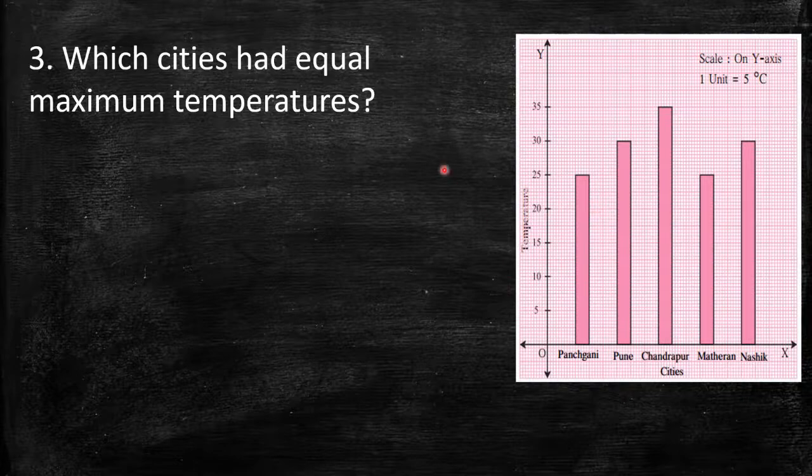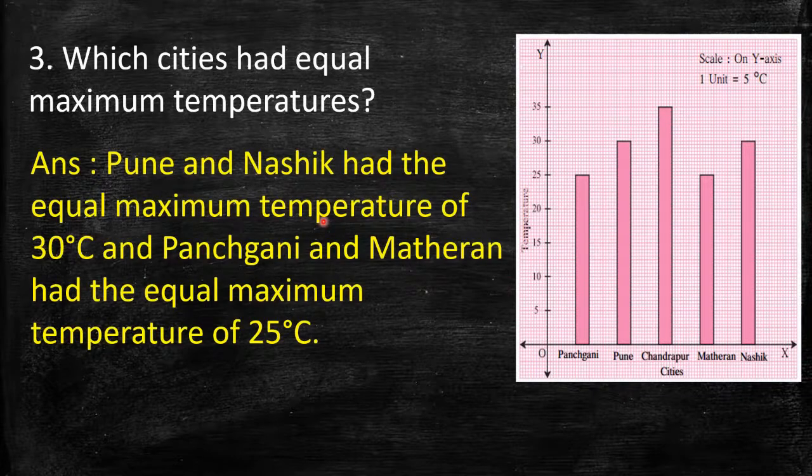So the answer is Pune and Nashik had the equal maximum temperature of 30 degrees Celsius, and Panchgani and Matheran had the equal maximum temperature of 25 degrees Celsius.